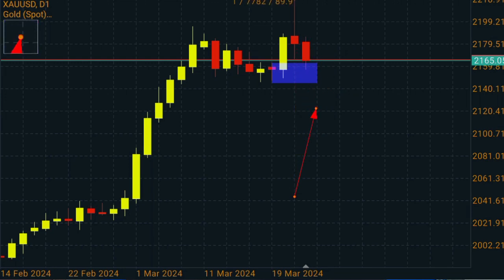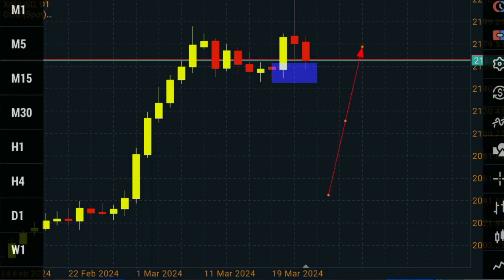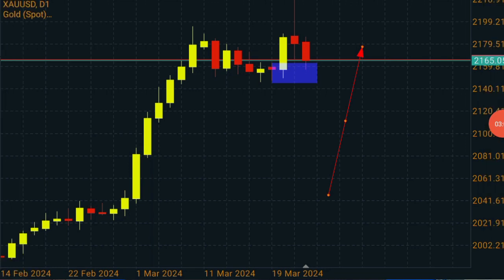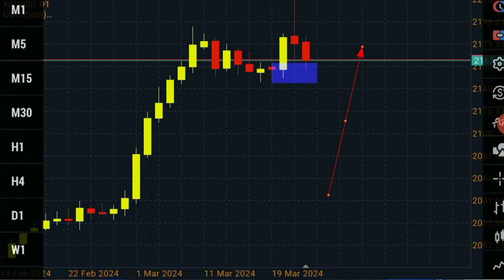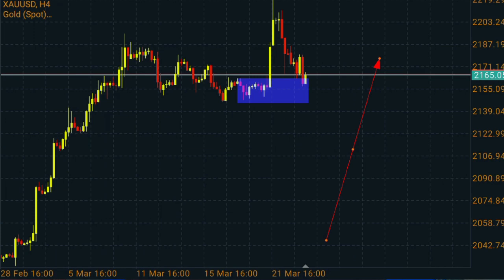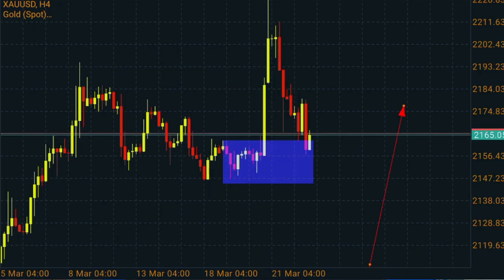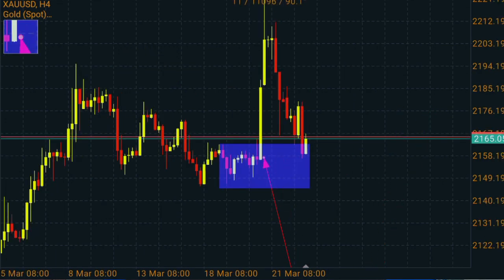I start from the daily, then go down to H4 and H1, because we are going to see higher probability in those, since we are doing intraday trading. So I have done this. Let me go to H4 so that we can see potential movement.